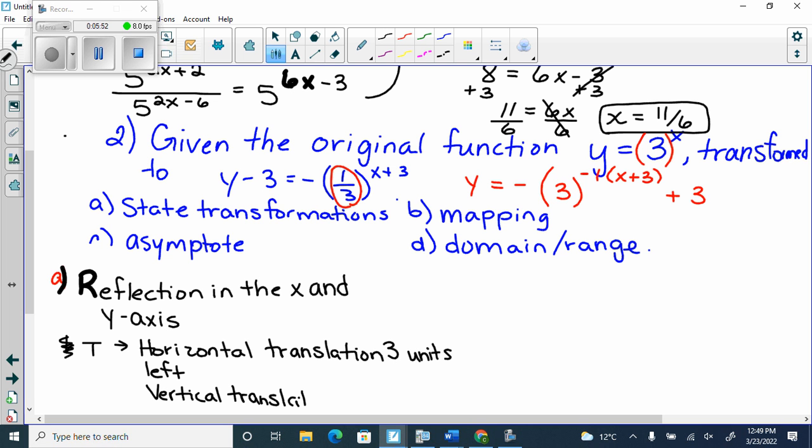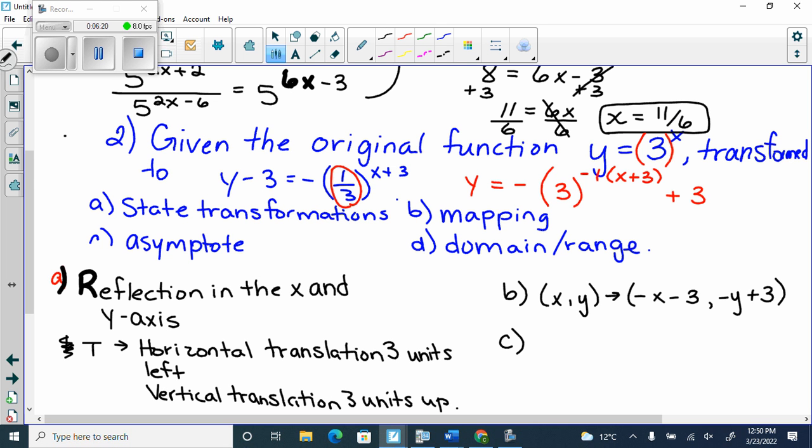Translation, 3 units up. For mapping, they're both going to be negative. And then I need to move it 3 left, so I'm going to minus 3, 3 up, plus 3.